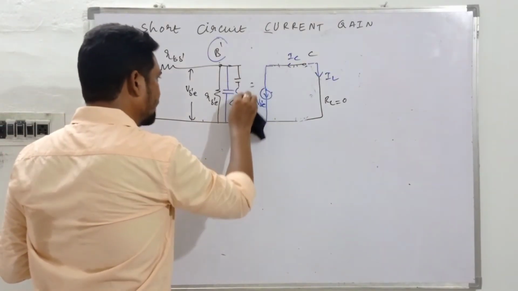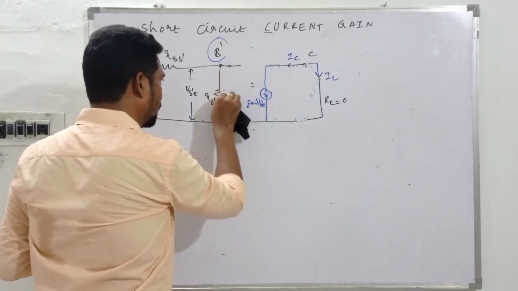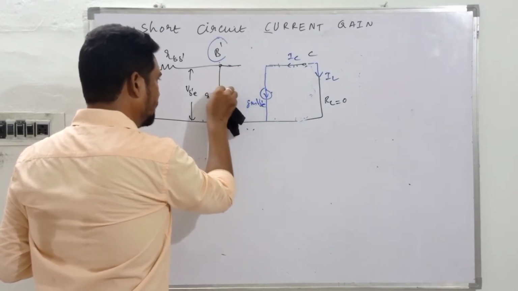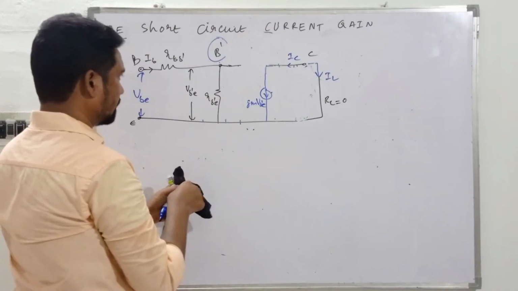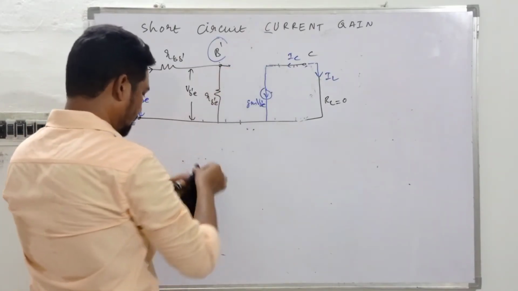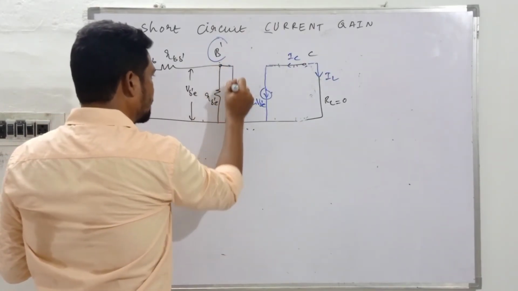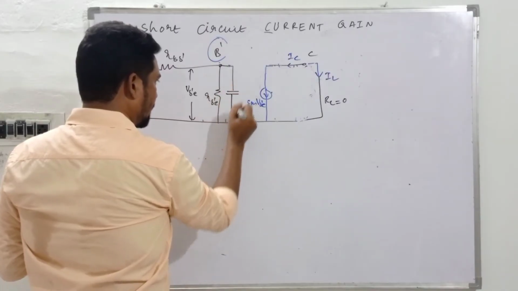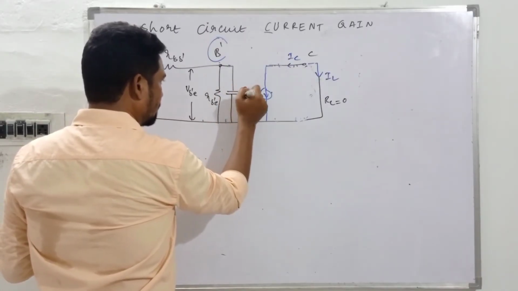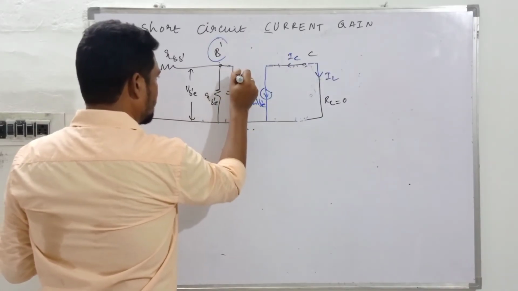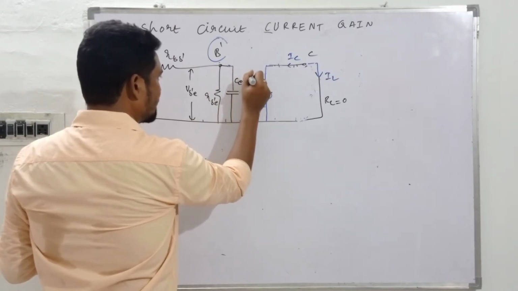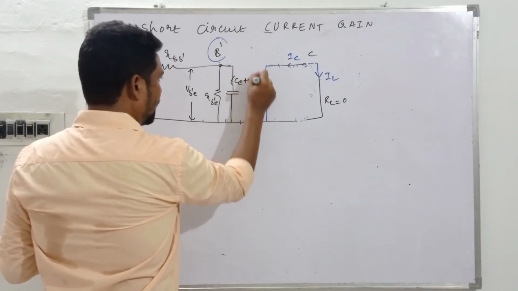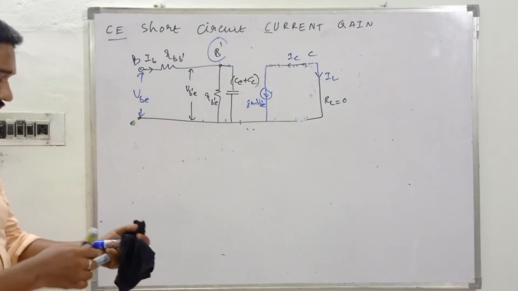CE and CC are in shunt with each other, and so parallel capacitors can be replaced like this, CE plus CC, when two capacitors are in shunt with each other.